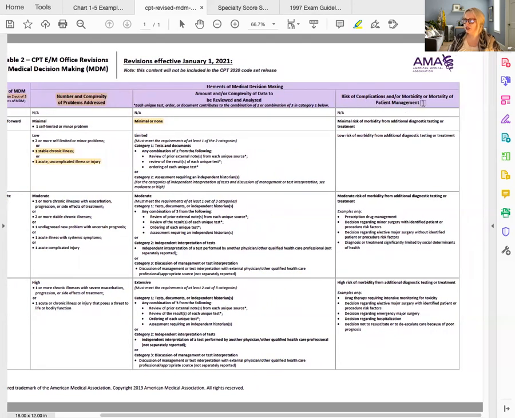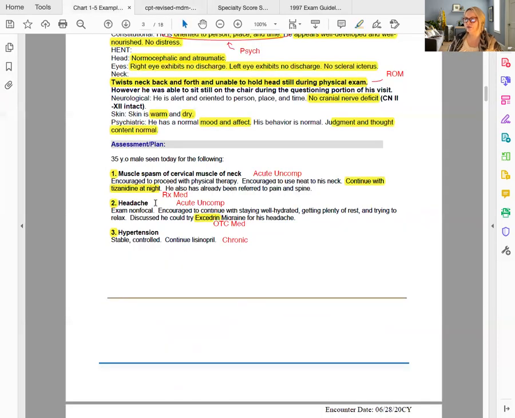Under risk of complications and or morbidity, the first thing I can say is that yes, there does seem to be a low risk for additional diagnostic testing or treatment because there was nothing indicating any concerns or complications. They're encouraging them to go with physical therapy and use some heat on their neck. There's nothing saying here, be careful of doing certain exercises or activities that might indicate that there was some type of risk from this.